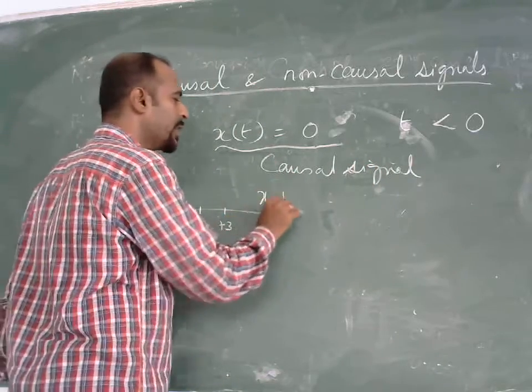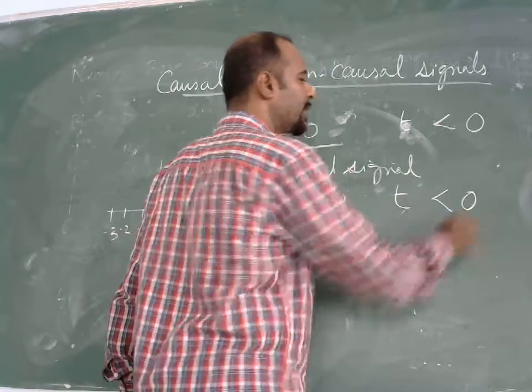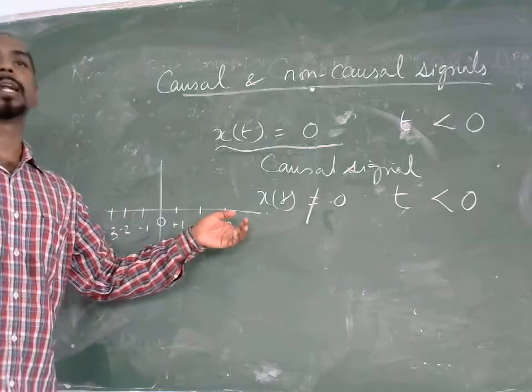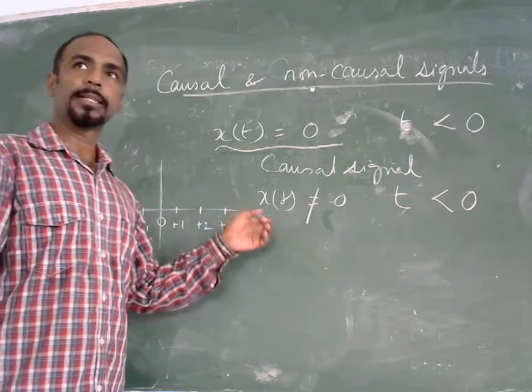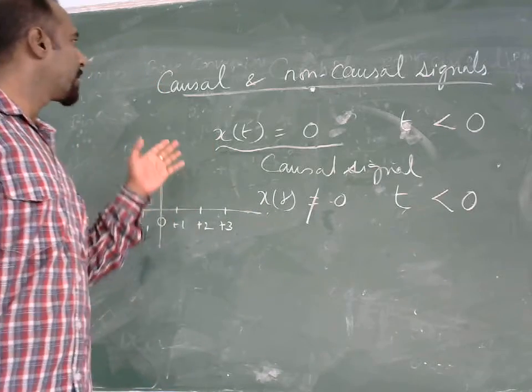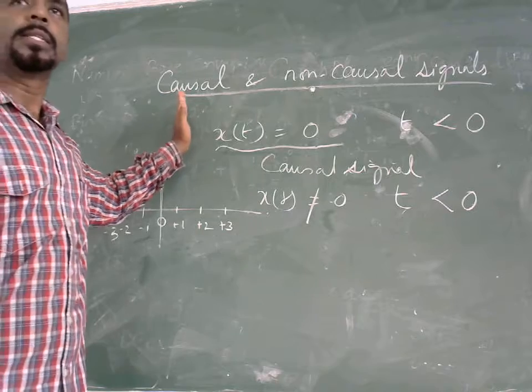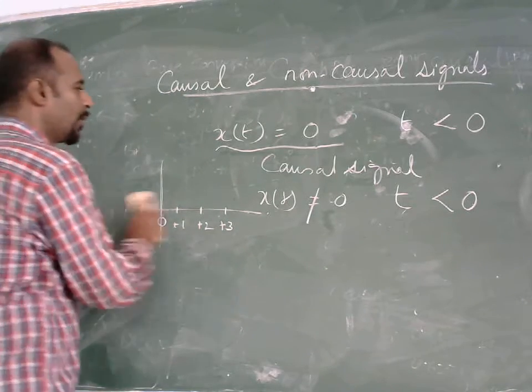And if x of t is not equal to 0 for t less than 0, then we call the signal a non-causal or anti-causal signal. Alright, so this is the classification of signals in terms of causal and non-causal.